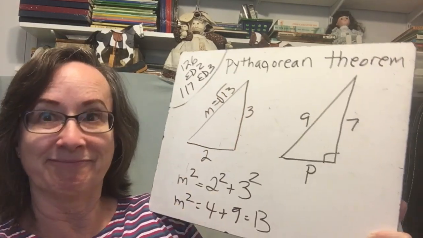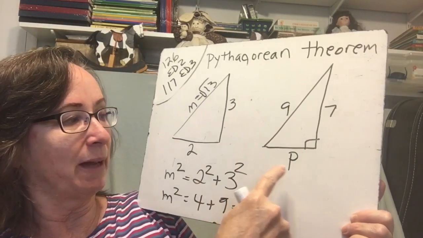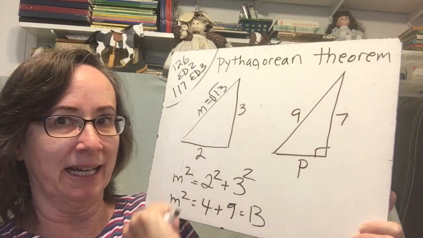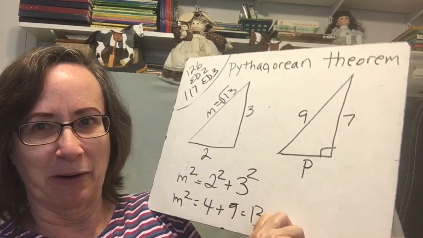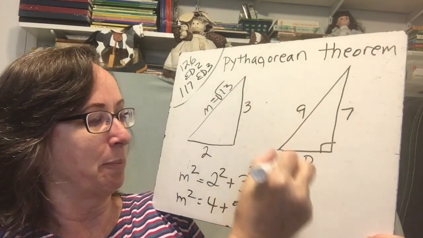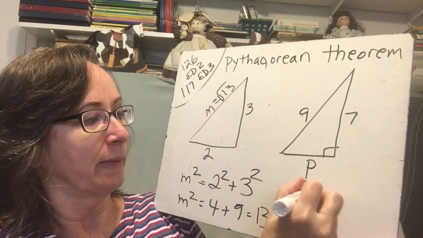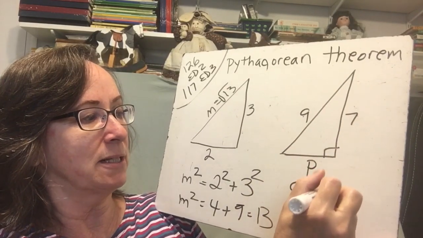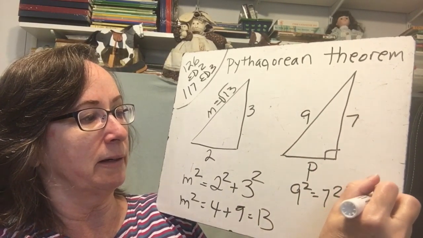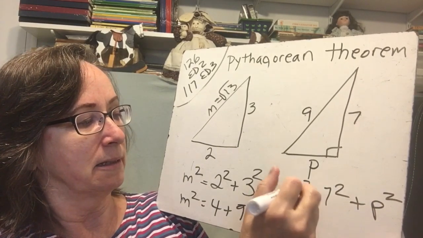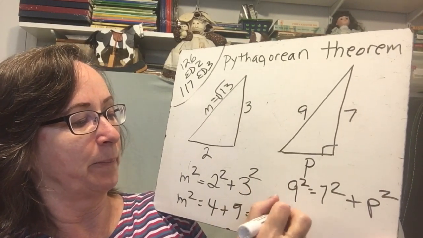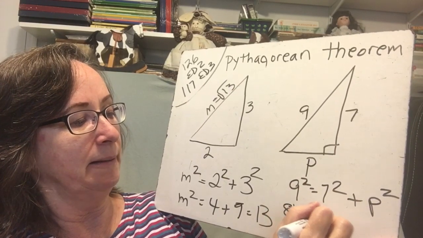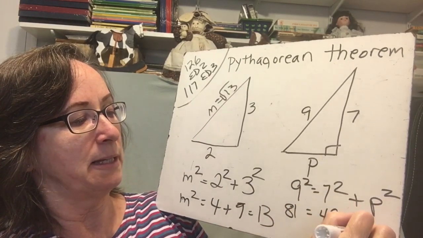Now we look at this one. We have a p and a 7 and a 9. And this one is just like one of the problems we worked. We take the hypotenuse squared, and we add the 7 squared plus the p squared. So basically this is 81. This is 49 plus p squared.